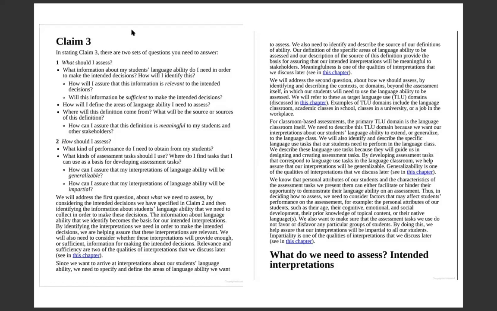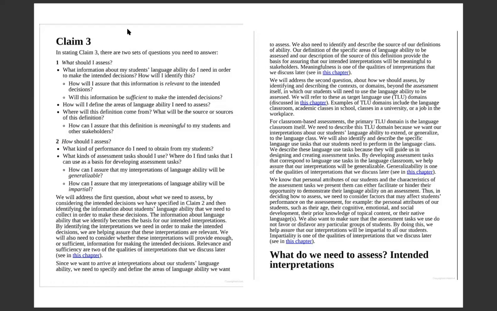For example, I can think of a cooperative writing technique, so my students can benefit from others, help each other. That would be a good example of the second question, what kinds of assessment tasks should I use?